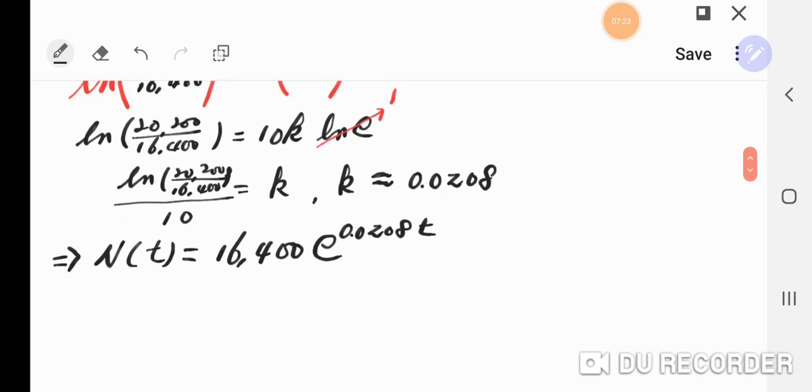Based on this function, once we provide the t value, then we can estimate or predict the number of people in the population. Okay, so letter B is: predict the population of the city in 2010. So in 2010, what would be the population?